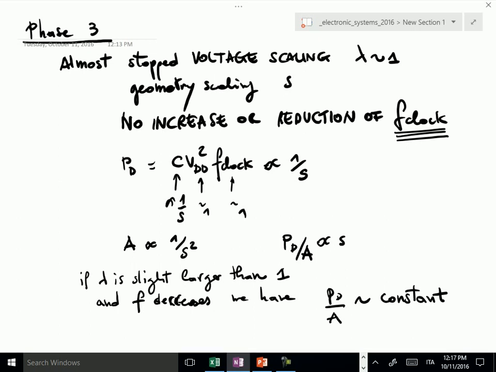Why do we do that? Because we still have a great advantage in having the capability of putting more logic gates in a single chip, because the area of a single logic gate is still going down as 1 over S squared, so the number of logic gates is still going up as S squared at a constant total area, and we can increase the computational capability only by increasing the number of logic gates, even if we decrease slightly the frequency of operation.